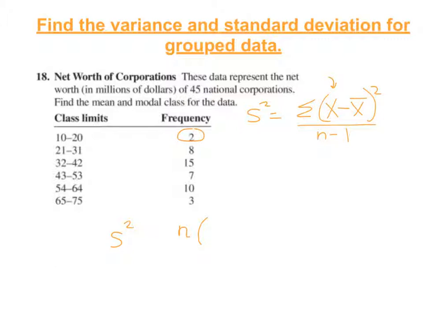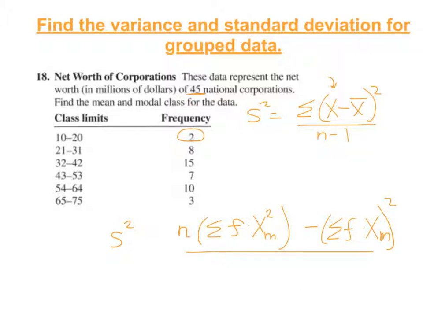So for us it's 45, because we have 45 companies, times the sum of the frequencies times each midpoint squared. They put a little m here to remind us that that's going to be the midpoint, minus the sum of the frequencies times the midpoint, and then square that whole thing, all over n times n minus 1.